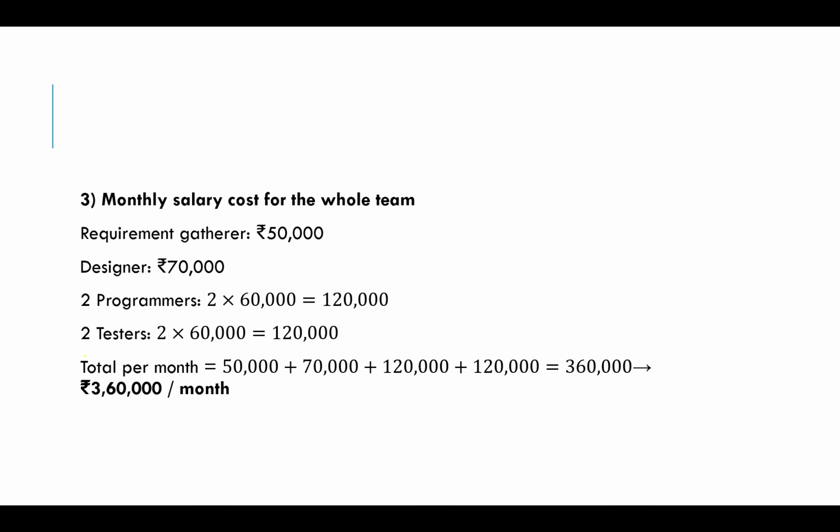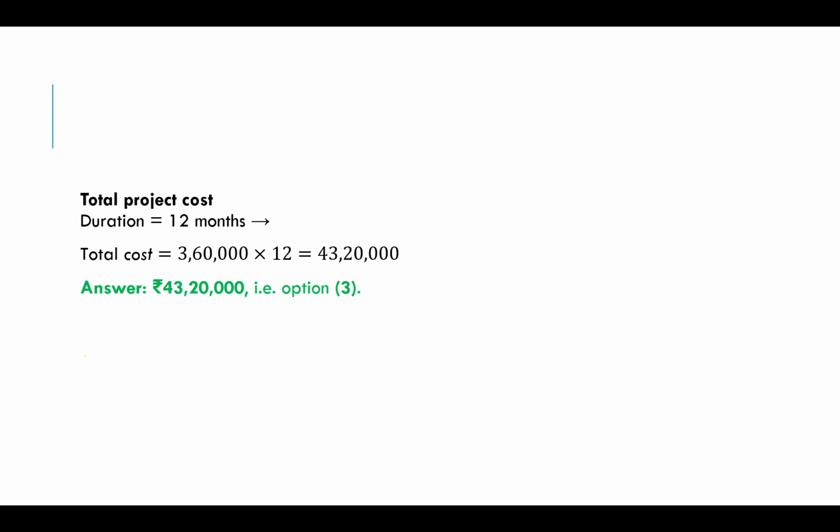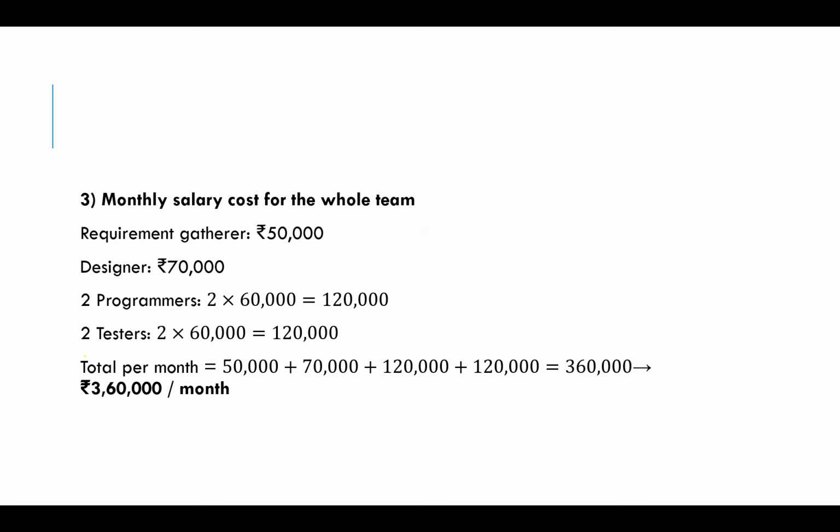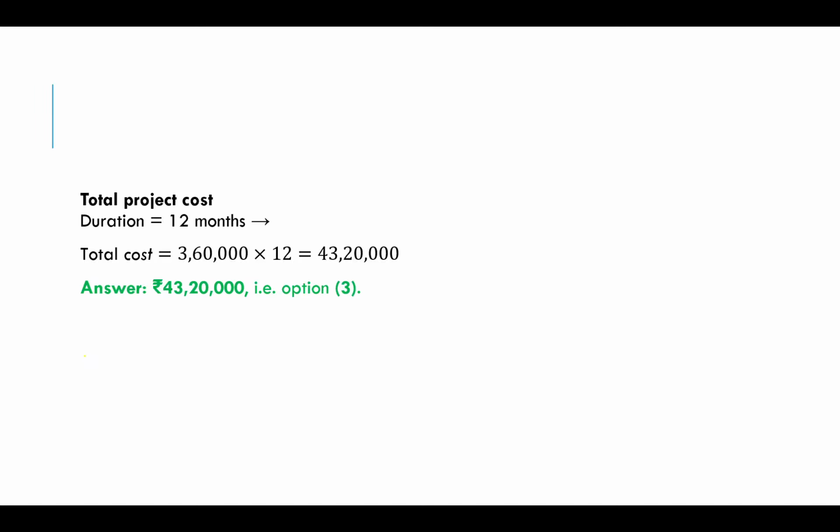So the total salary given in a single month is 3,60,000. The project will run for 12 months as calculated by the project duration formula. So 12 into 3 lakh 60,000 comes as 43 lakh 20,000. That's the correct option. The answer would be the third option.